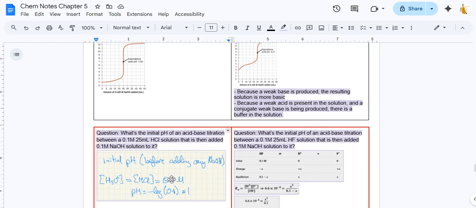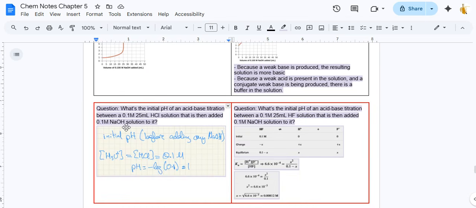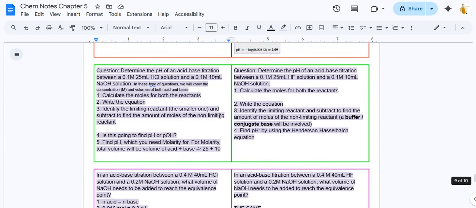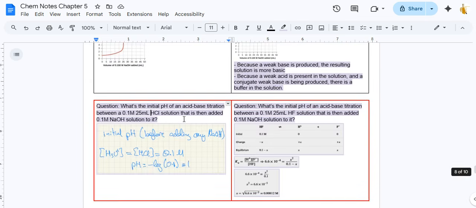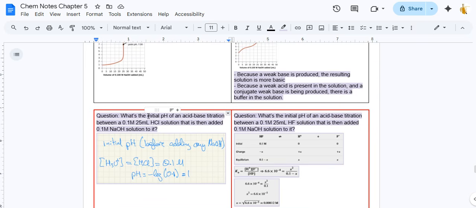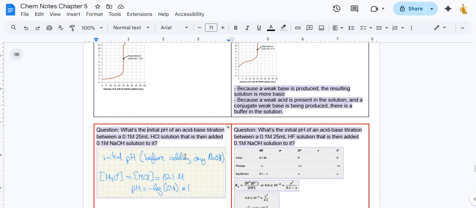So this is how you find initial pH for strong acids with a strong base. And I don't think you can use reasoning to just look at a random question and see what equation you should use. So I would just memorize that if you're asked for initial pH of a strong acid with a strong base, then use this formula.